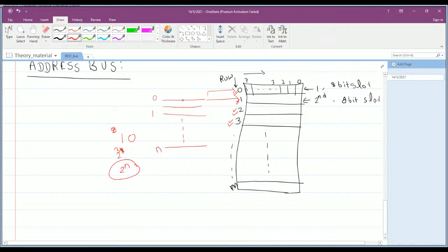These wires are used for the address of the memory, address of 0, 1, 2, 3, which are the memory locations. So these wires are used for addressing the memory. That is why the bundle of these wires, clubbed together, forms a bus, and this is known as the address bus.